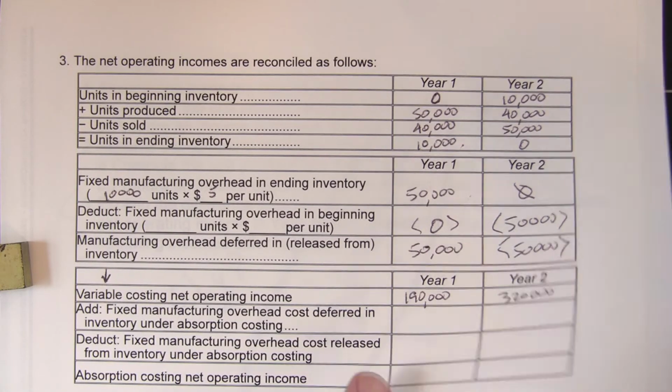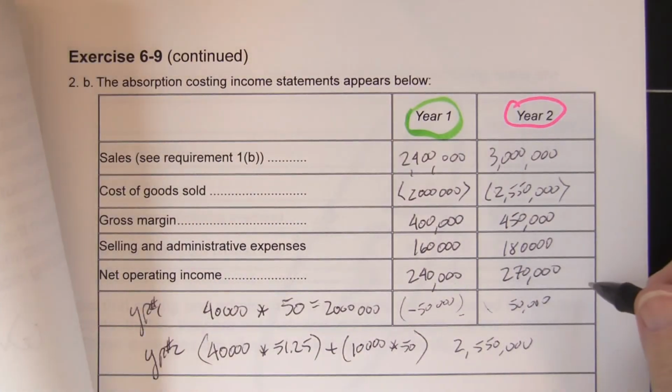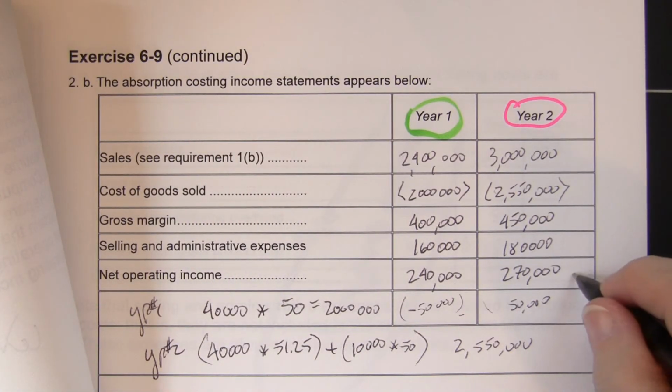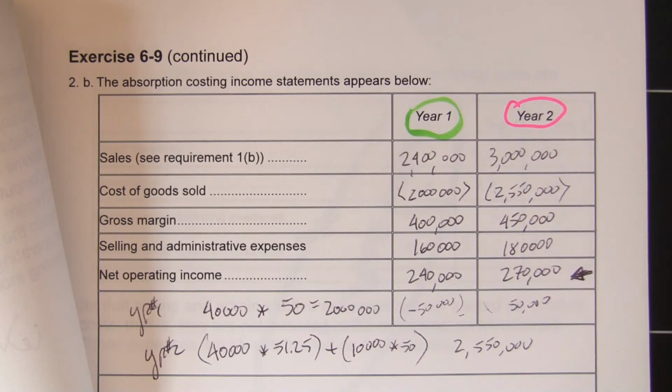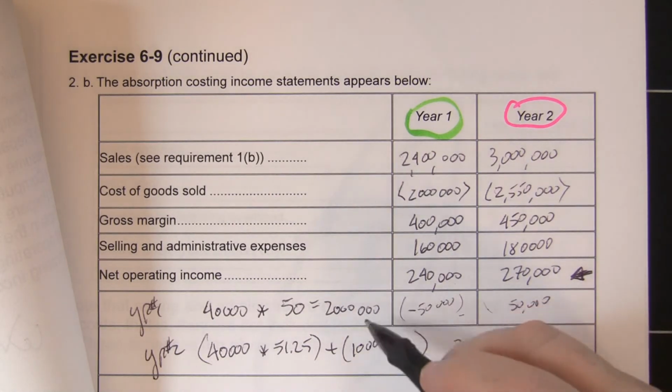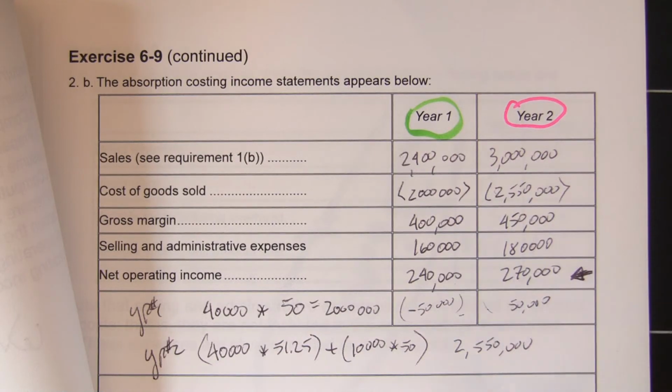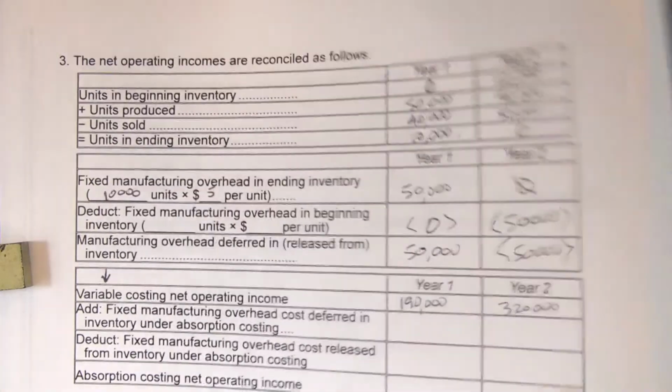So we're saying this was what the income was under absorption costing. The difference is the blue box. It's the piece of the fixed overhead.